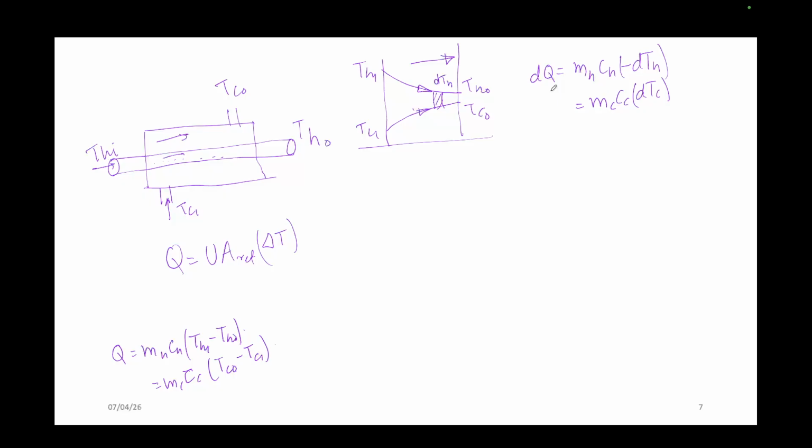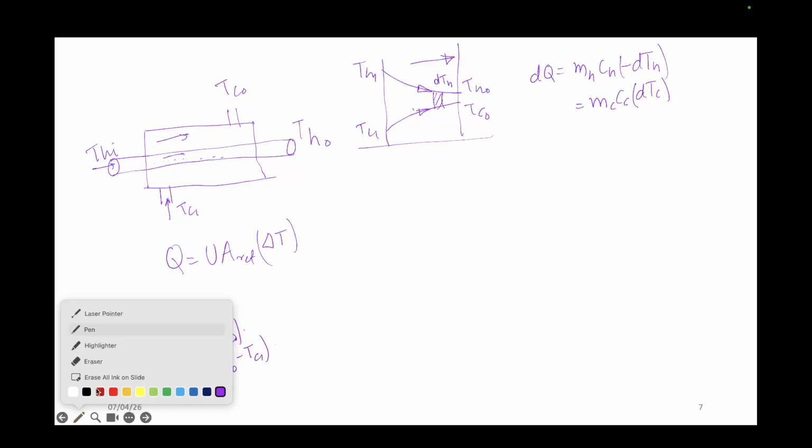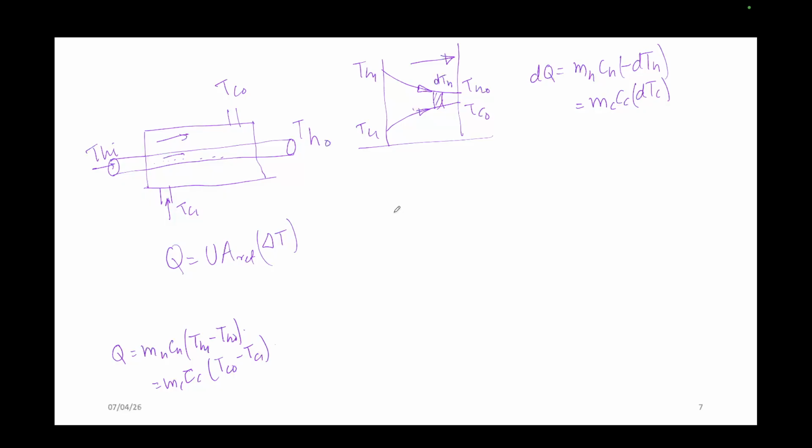Okay. So now I am just writing the same derivation in another color. If I write dTH minus dTC, what will I get? Just the temperature difference on the hot side and the temperature difference on the cold side.